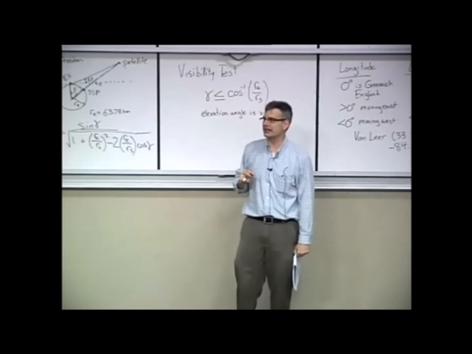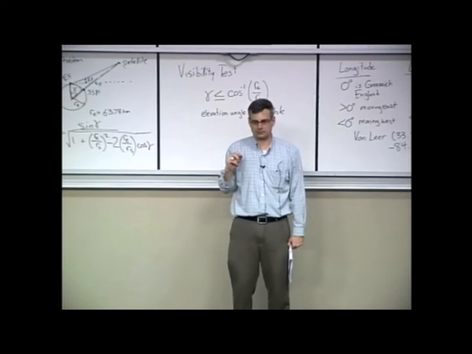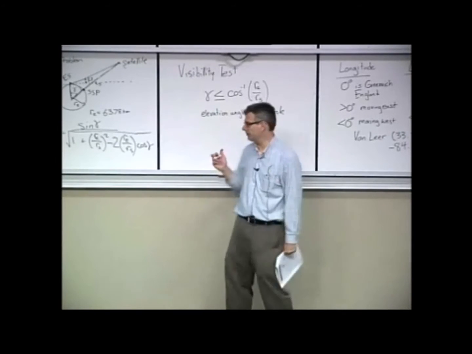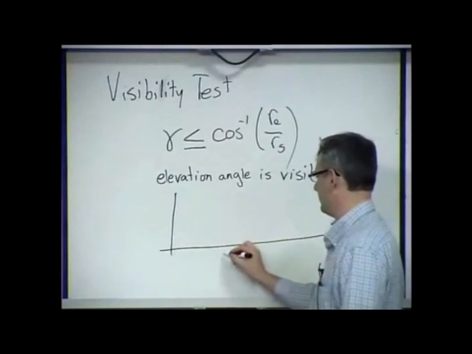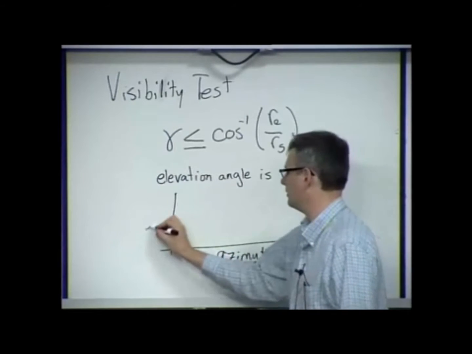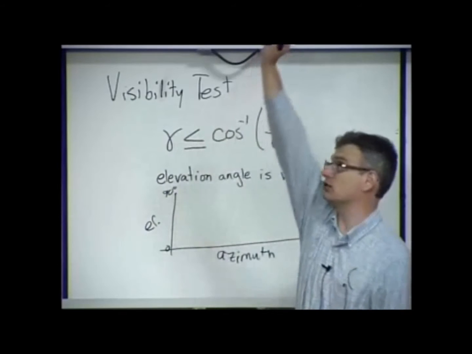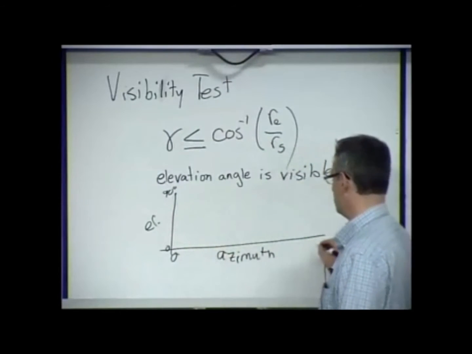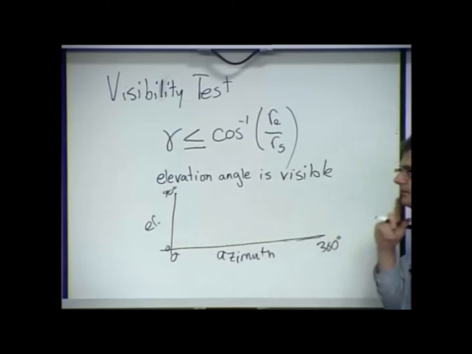And this is a good test to do, especially when you write code for your homework, because students get in trouble a lot of times on these assignments because they start to get nonsensical answers. So, for example, they'll graph elevation and azimuth. In this case, elevation goes from 0 to 90 degrees. 90 degrees is straight overhead. 0 is somewhere on the horizon. And then azimuth is 0 to 360 degrees, somewhere along here.